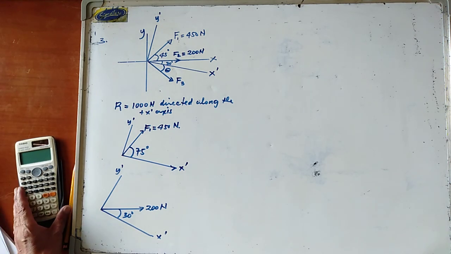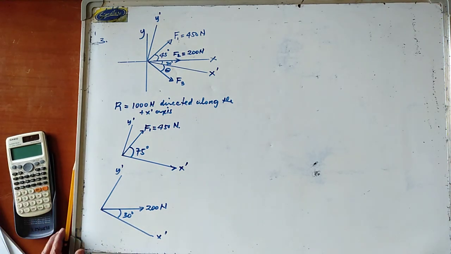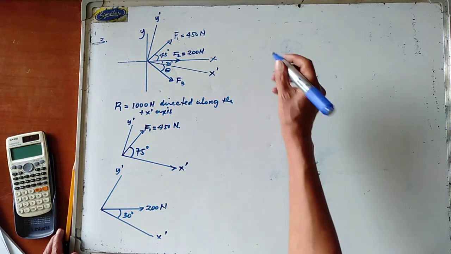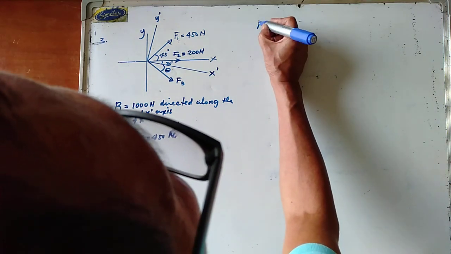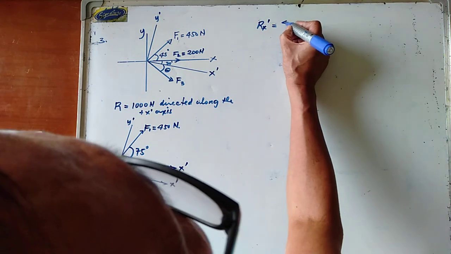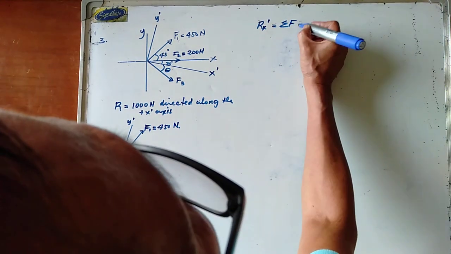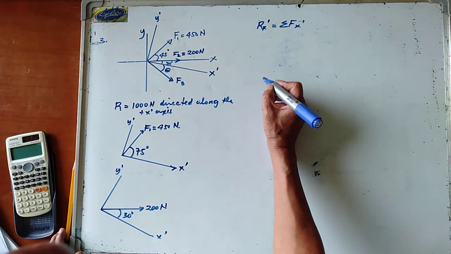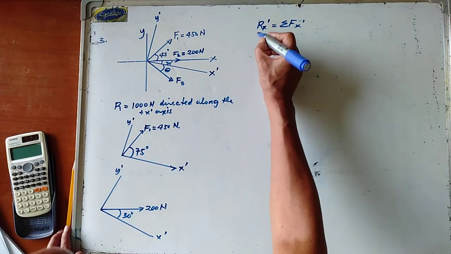Let us try to determine now the resultant along the x prime axis. Your Rx prime is equal to the summation of forces along the x prime axis.